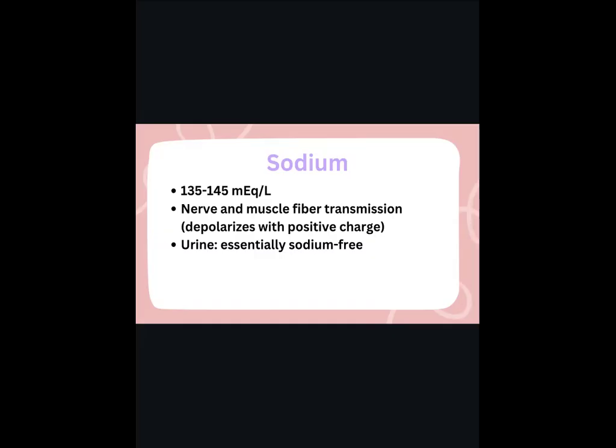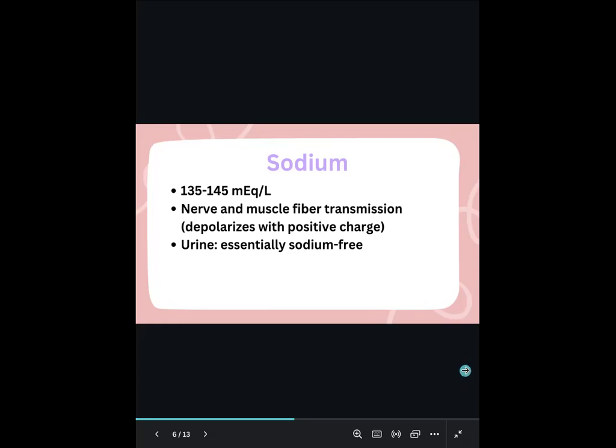So when that sodium goes into the cell, it depolarizes and it fires that action potential. So if you don't have sodium to be able to flow into neurons, then you're not going to have as much nerve transmission or muscle transmission because the nerves affect the muscle transmission. So that's why sodium will affect nerves, nervous system, muscle fibers.